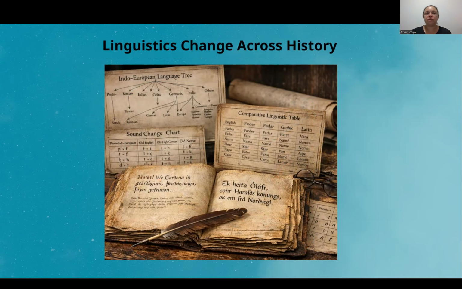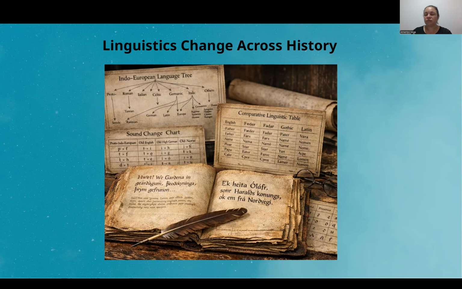Also, linguistic change across history. And why do they change across history? Because of ease of articulation and simplification. For example, pronunciation often simplifies over time. Old English had complex endings and over centuries has changed into modern English.